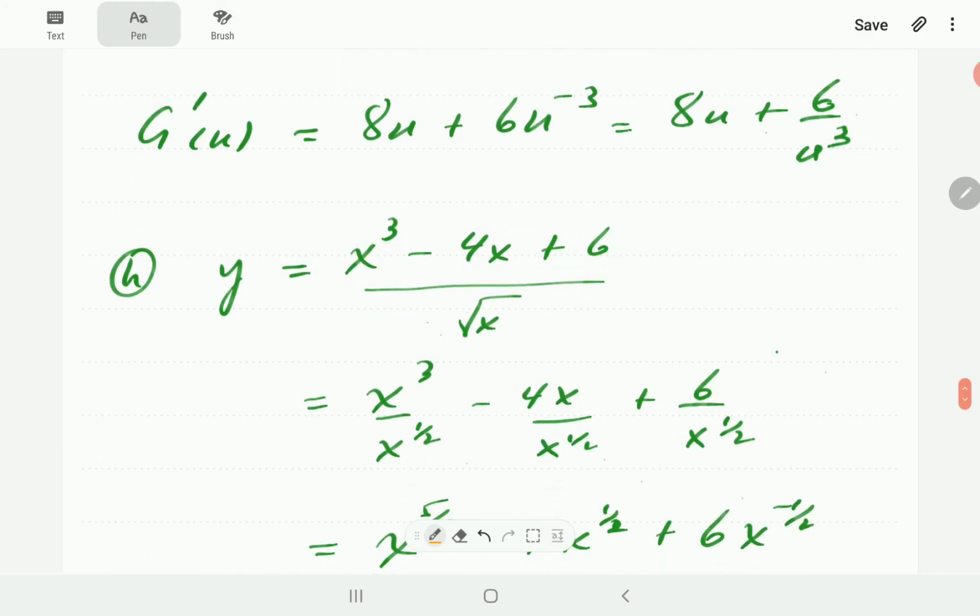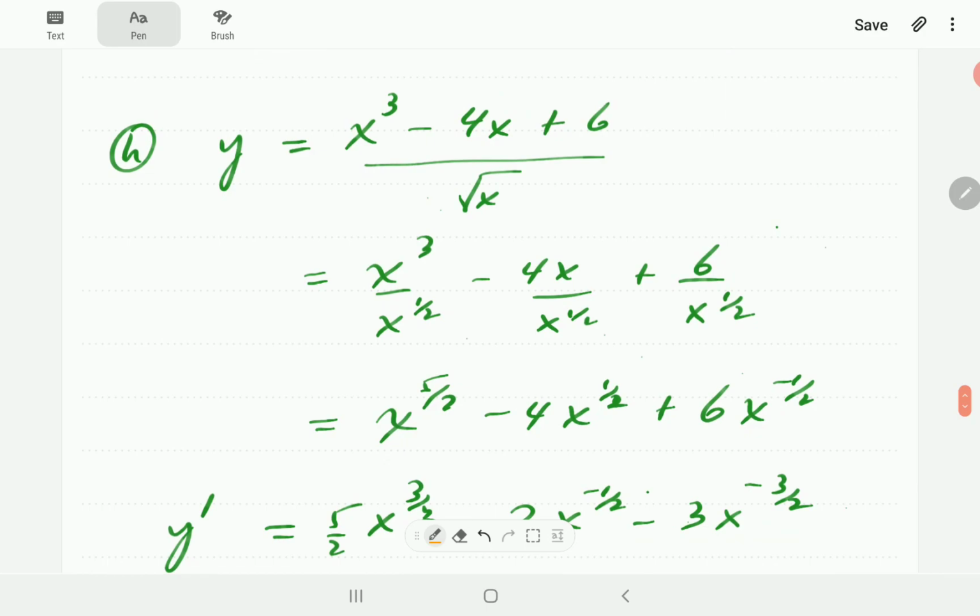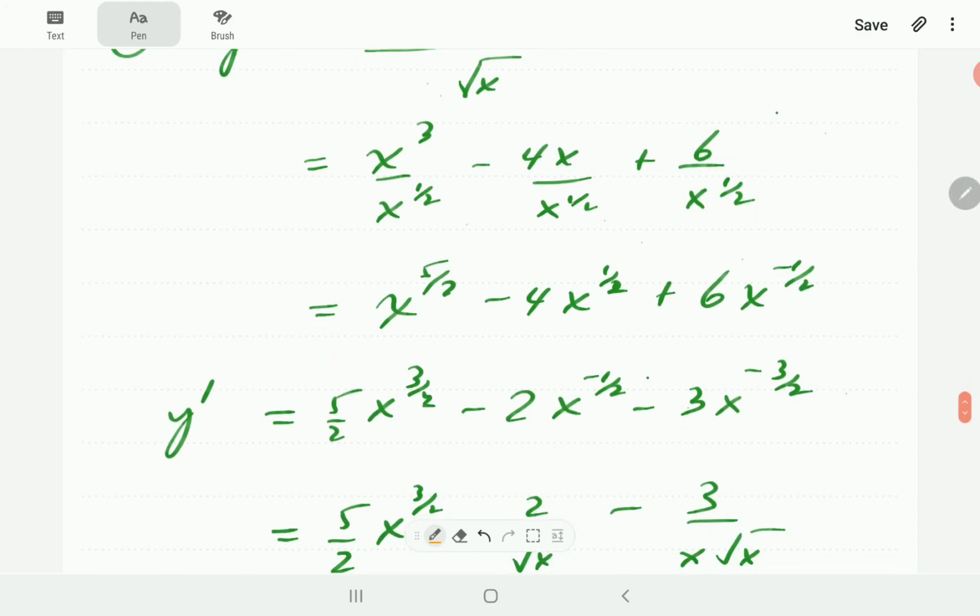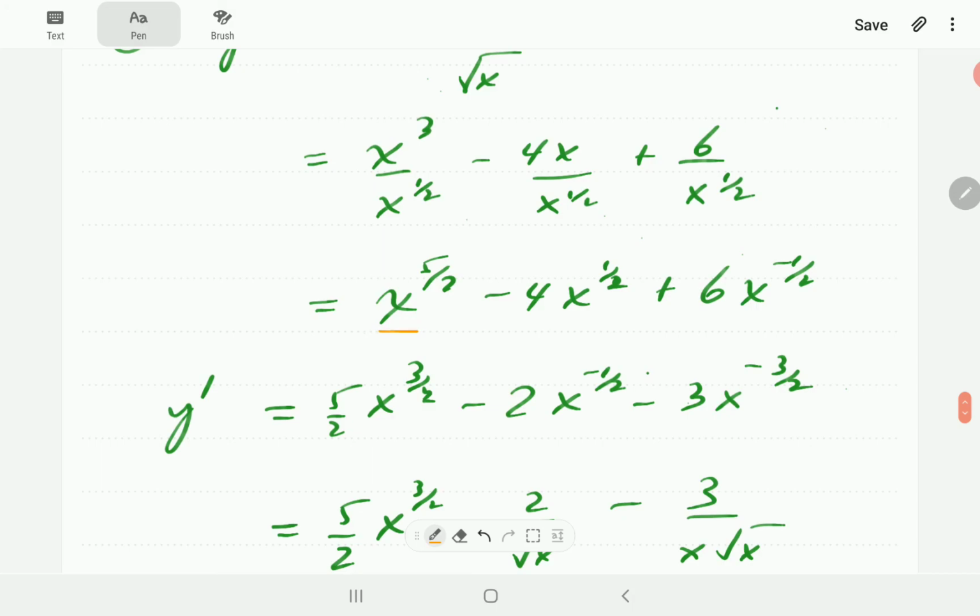So here we're going to have to divide using the distributive property of division. So divide all this by x to the power half. So the first one works out to x to the power 5 on 2. This one, 4x to the power half.